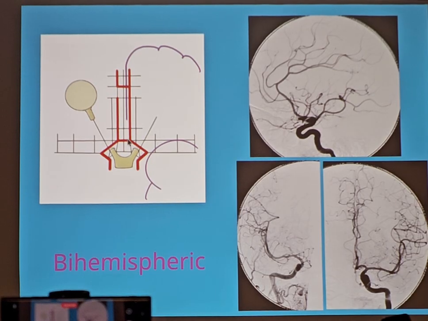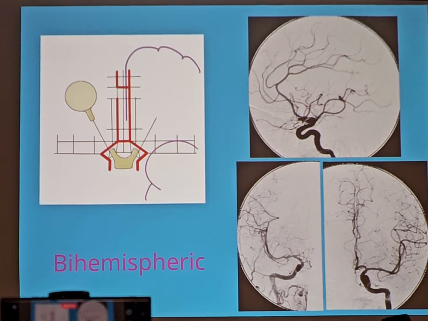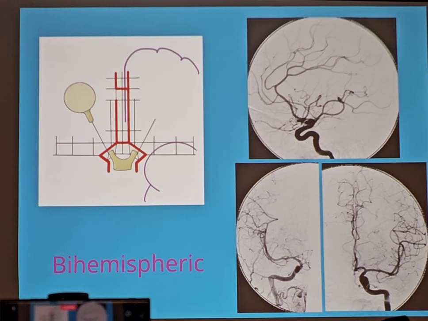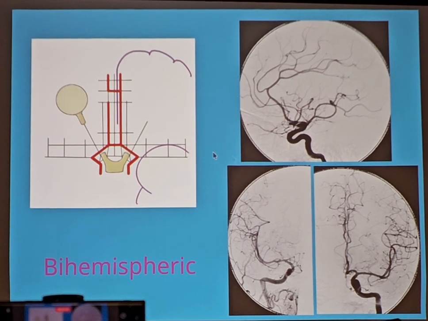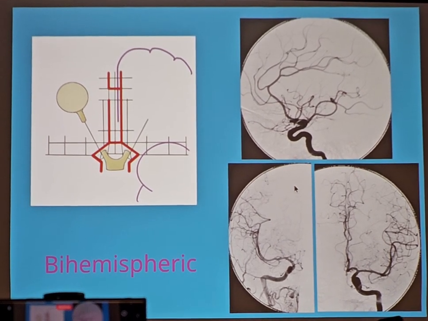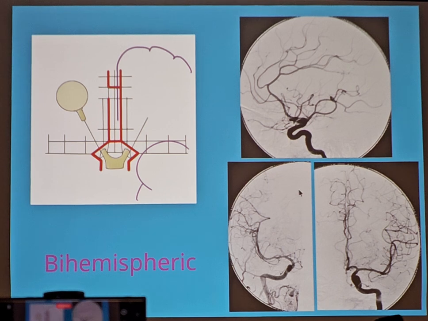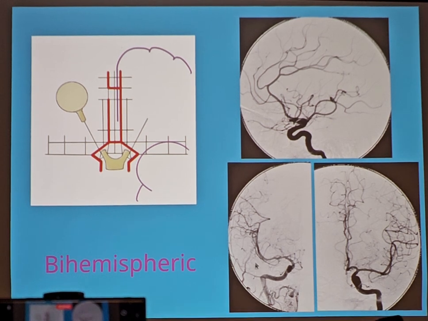Then we have this bihemispheric supply, where we can have dominance on one side. We have one artery that supplies a large part of the corpus callosum and a part of the hemisphere, and because it's in balance with the other side, the artery on the other side is smaller and may just supply some of the cortex. Again, this is a really common finding in angiography. You do a right-sided injection, and there's a tiny A1 with hardly any cortical territory.